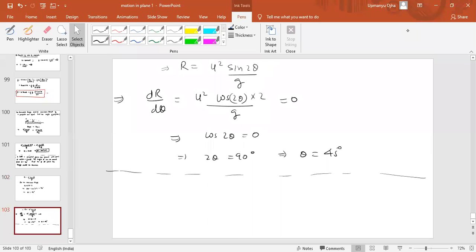Where am I getting 4? In the previous problem, you are asking me how I'm getting 4 there.